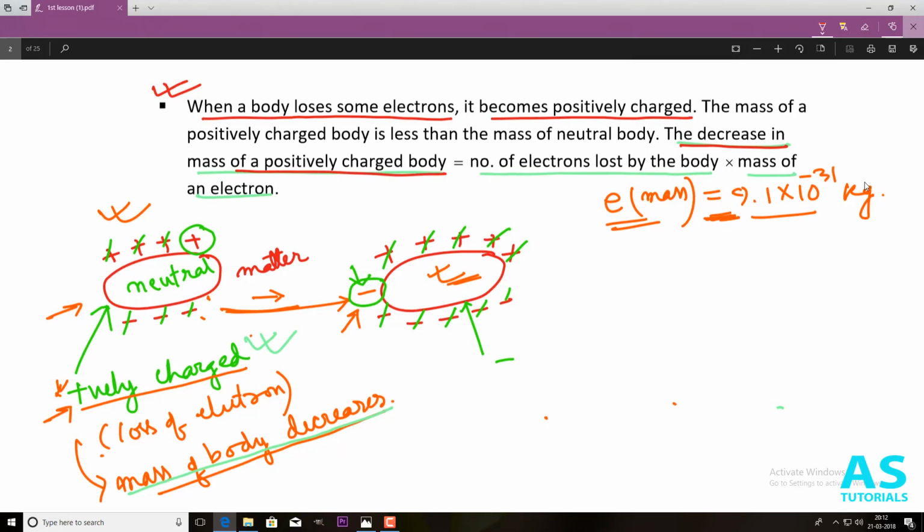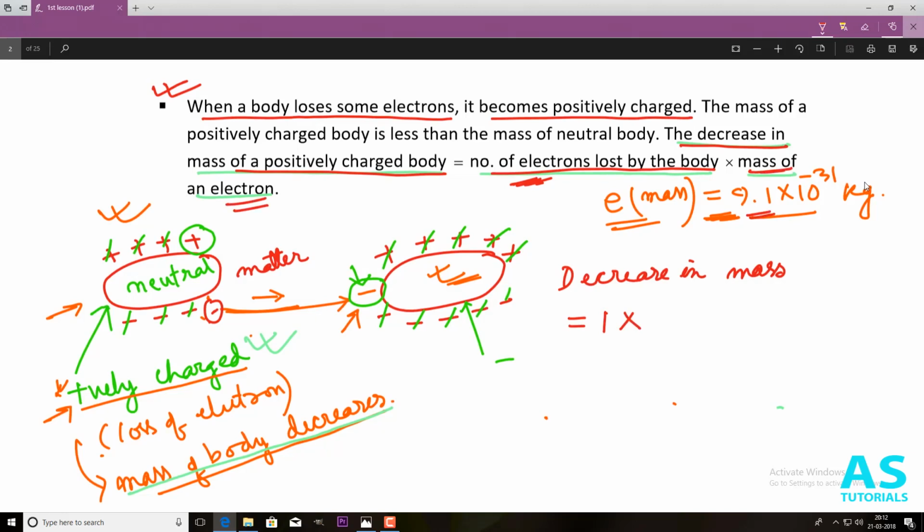Let us write here: decrease in mass. Now it should be equal to the number of electrons lost by the body. Say in this example, we have seen that one electron is lost by the body. So this number of electrons should be 1, multiplied by the mass of an electron.